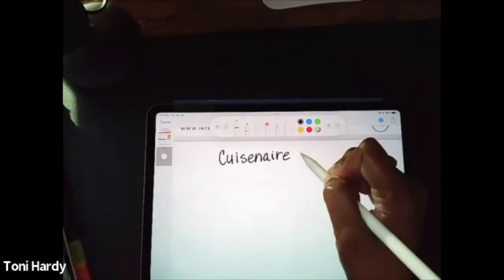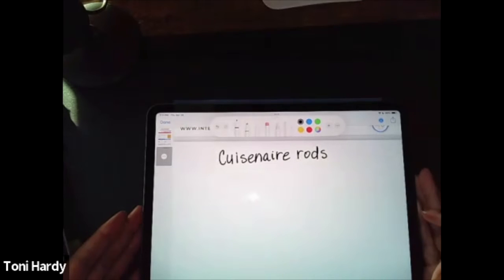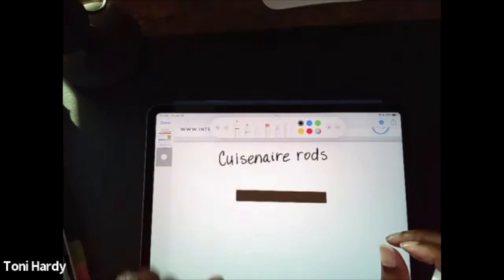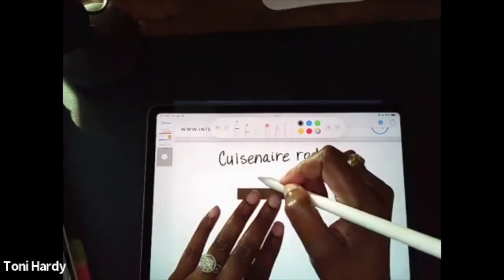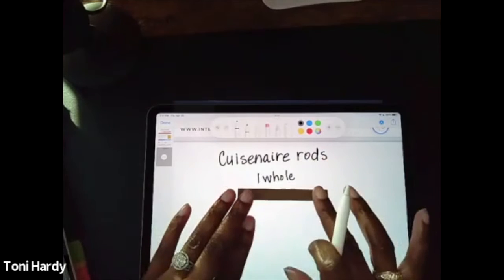Cuisenaire rods help us to see relationships, and help our kids to see relationships in fractions and whole numbers and a lot of other things. What I'm going to show you right now is a Cuisenaire rod that we're going to use, and we're going to say that this represents one whole for us.